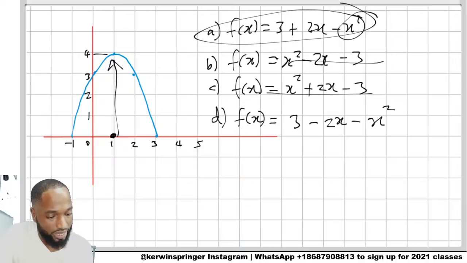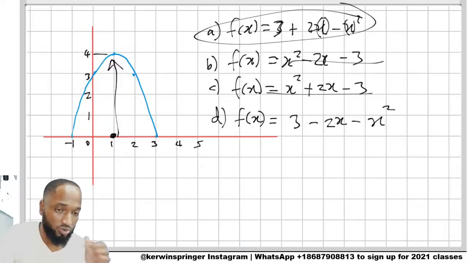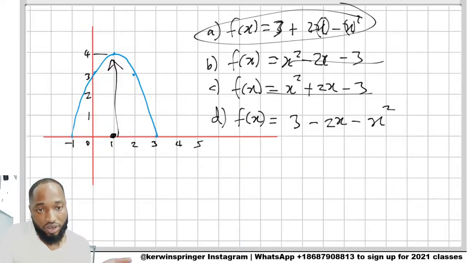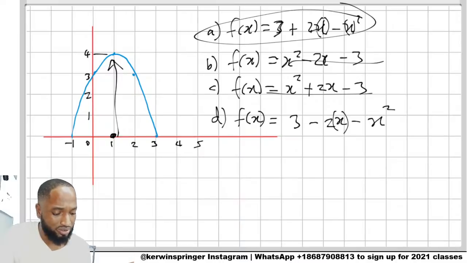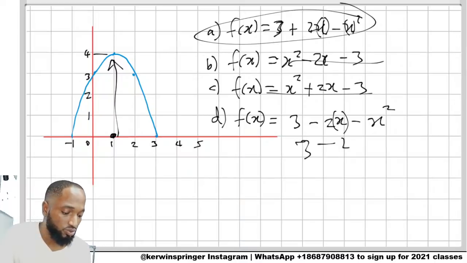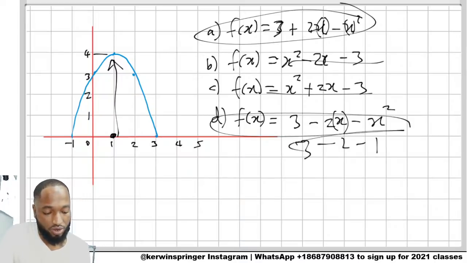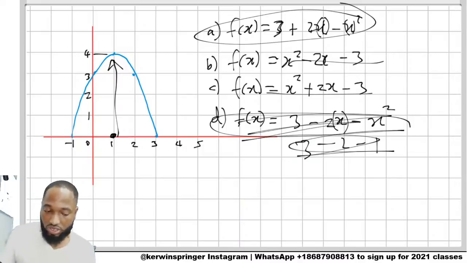Substituting 1 into this gives back 4, because 3 plus 2 by 1 is 5, take away 1 squared, which is 1, gives 4. If you put 1 in this, you're going to get 0: 1 plus 2 take away 3 is 0. This one doesn't work. Good question, whoever this was.